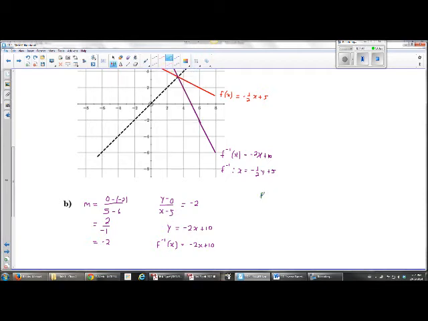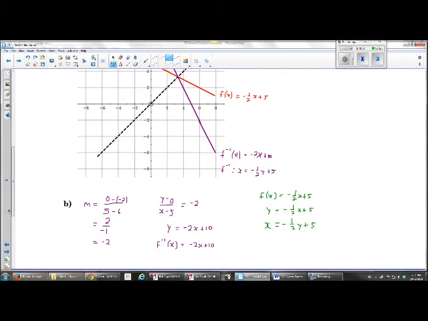So f of x, as we know, equals negative 1/2 x plus 5. That's the original function. We're going to change this to y equals negative 1/2 x plus 5. Now we're going to interchange x and y, so x equals negative 1/2 y plus 5.